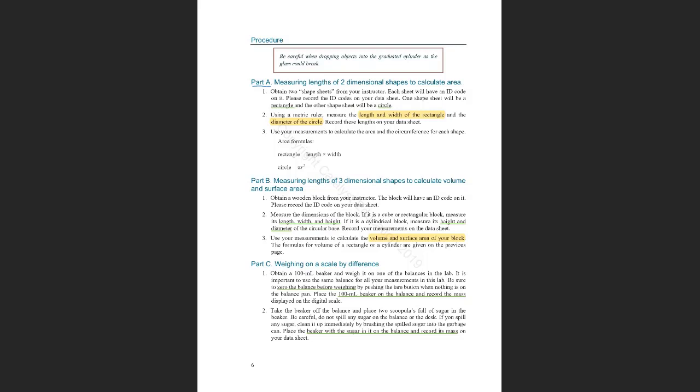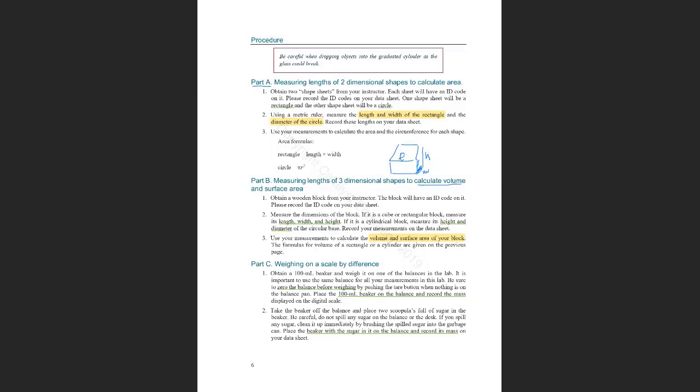Then in part B, instead of measuring the surface, you are going to calculate the volume, and they're going to give you the dimensions. Maybe you have a cube, and they will give you the width, the height, the length. If you have any form, you will have to calculate the volume of your block.